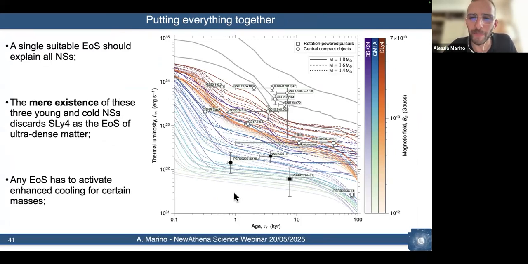Now, even these equations of state would not be enough for this neutron star, because the cooling is not enough to get to these very faint neutron stars. I'm not saying that they exist, maybe they don't exist, but in principle, right now with our instrumentation, we could not find them. So maybe this is a limitation of our instrumentation so far. If we have new instrumentation to find them, we can even put more constraints on the equation of state. Does it make sense?